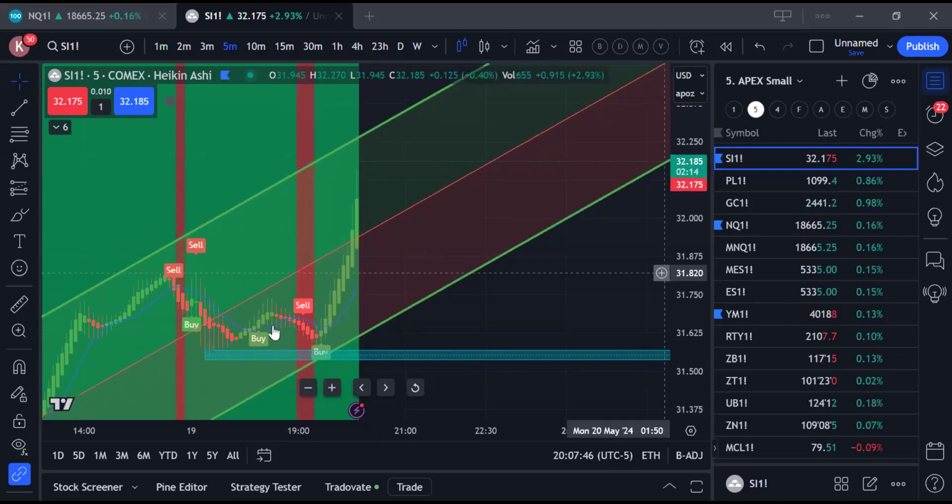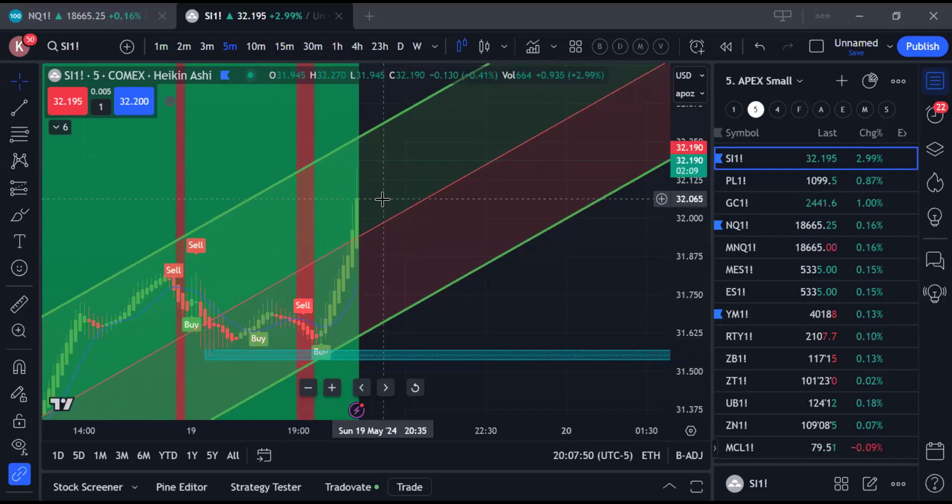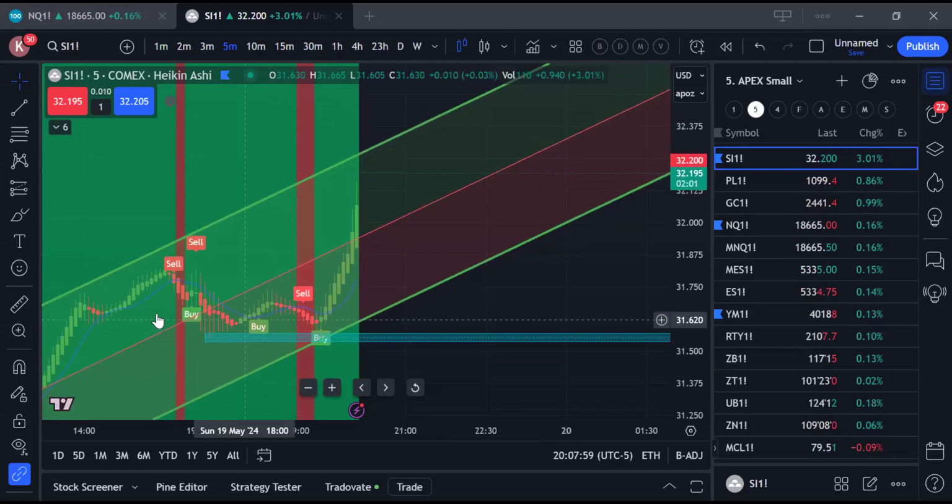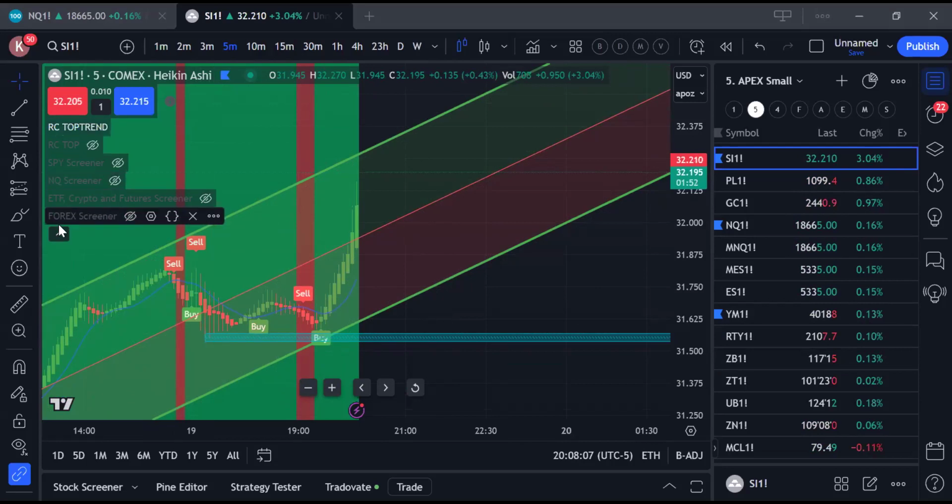You can make money with any one indicator by itself, but when you combine two or three, that will give you more and more assurance. You can just start with this top trend indicator, or look at one of these scanners.